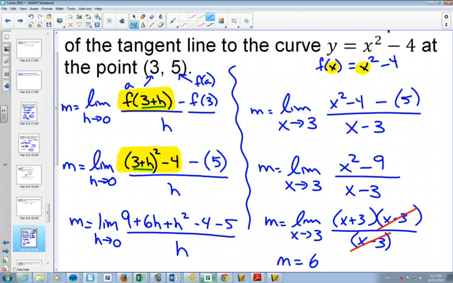If you wanted to find it at the point 9 comma 77, then what's 2 times 9? 18. The slope would be 18. And it'll be that quick for us to figure it out. That's what we're going towards, and we're going to find that this formula that we just learned works better in those cases to find the generalizations.